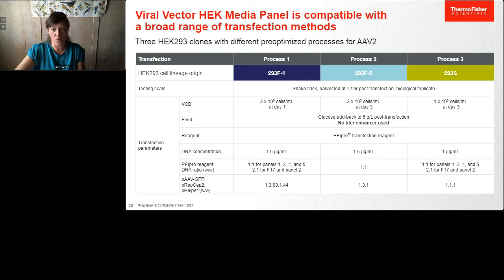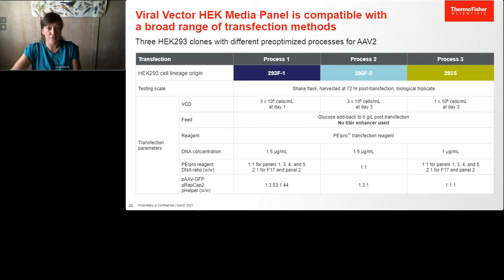One of those two different lineages has been adapted and banked to chemically defined GIBCO media. The second one, on the right, is in another commercial media standardly used for HEK transfection. But also two different clones within the same lineage, the first and second column, were used to show how clone selection can impact performance.